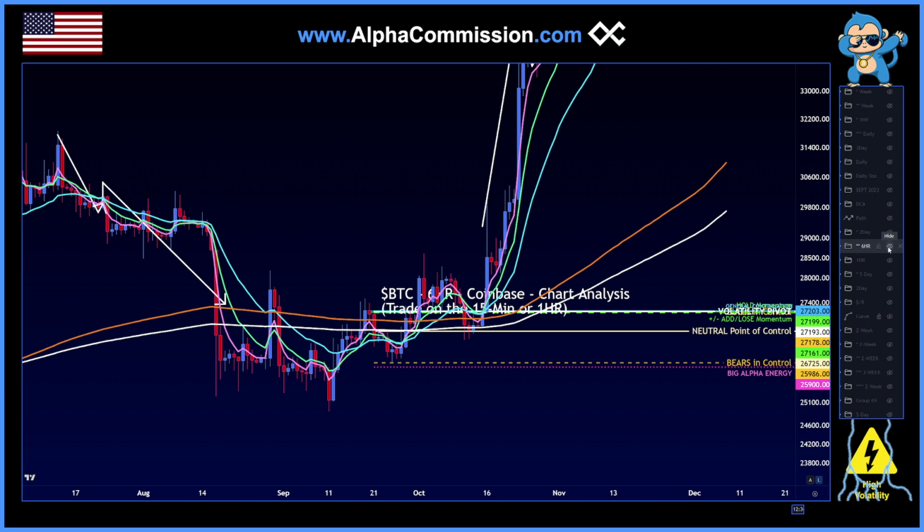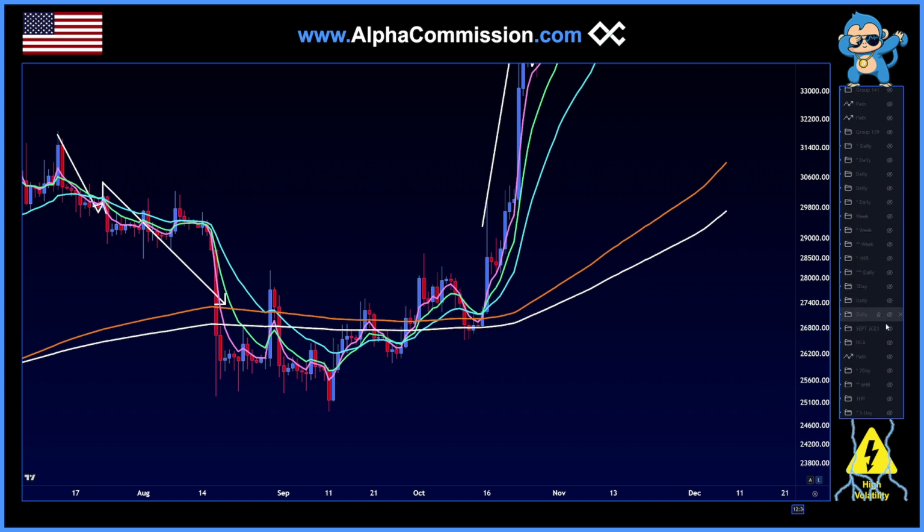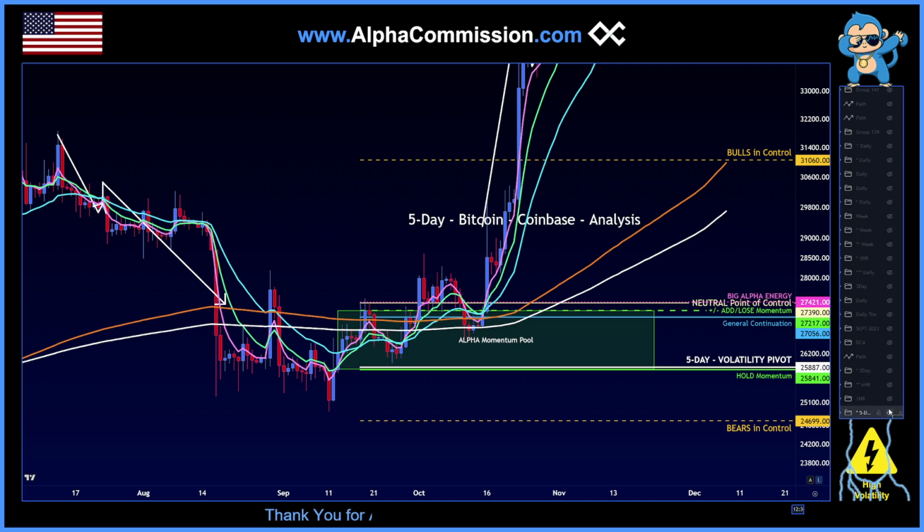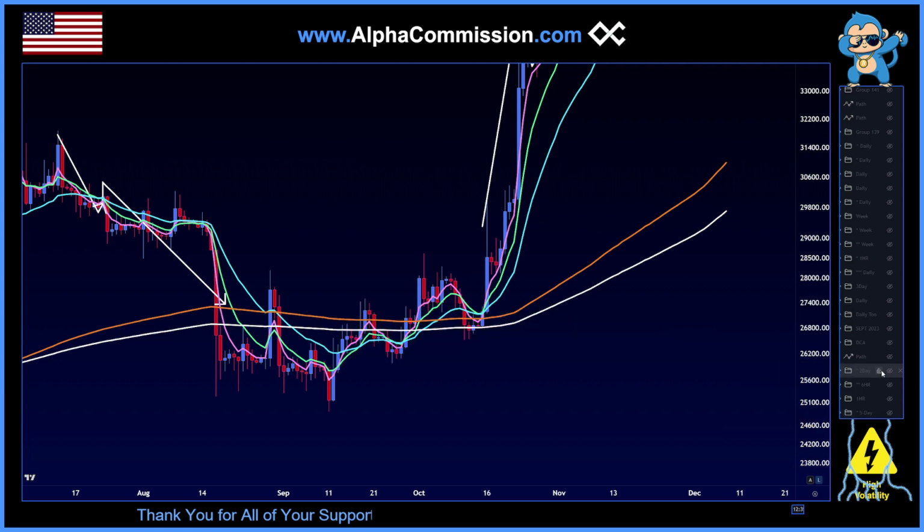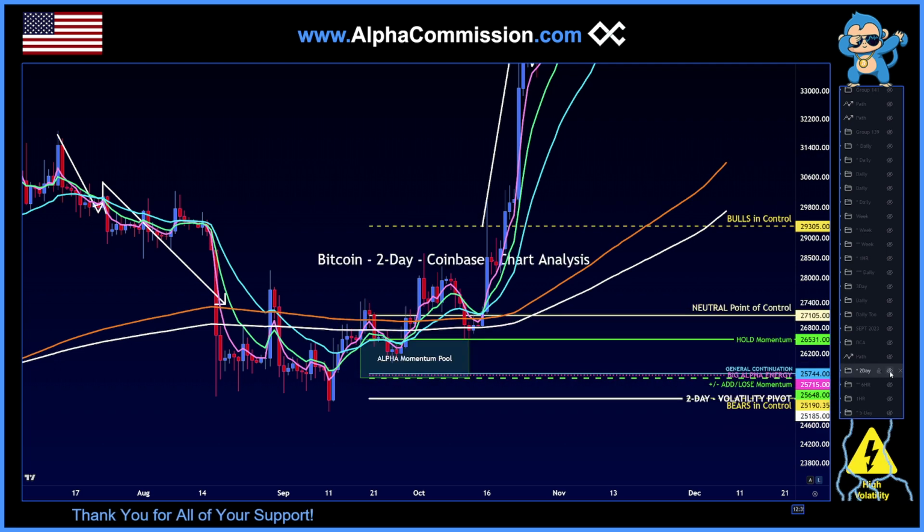Let's see, it's too slender. Yeah, we didn't breach the bottom of that one. Just looked at that one.